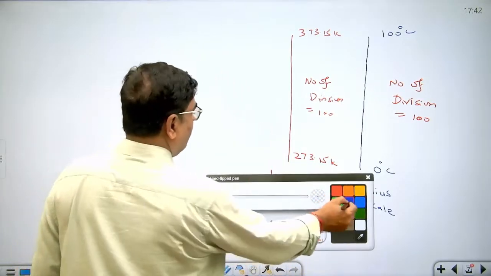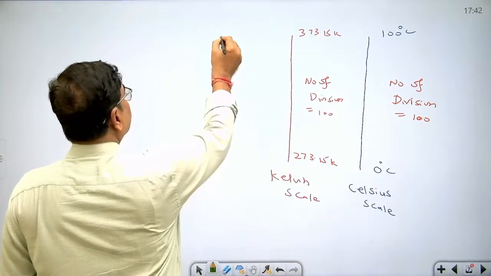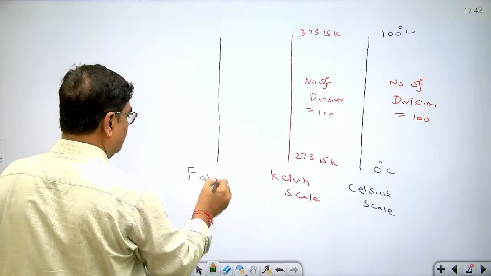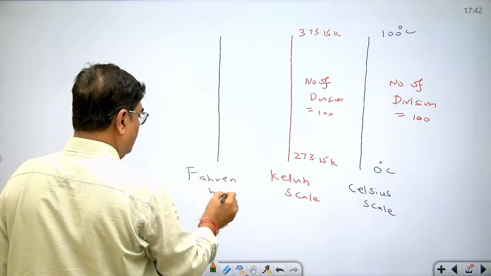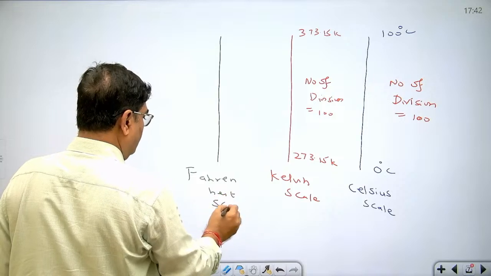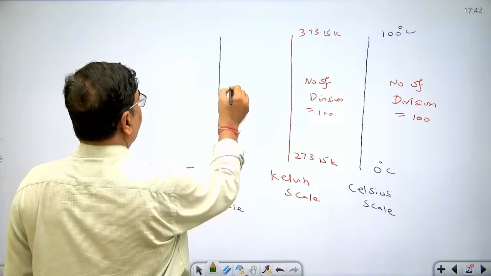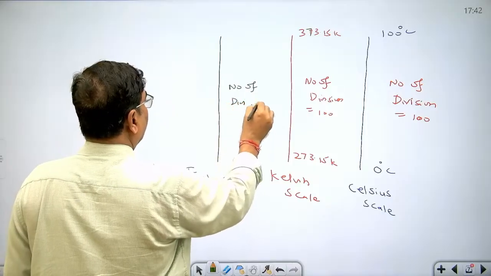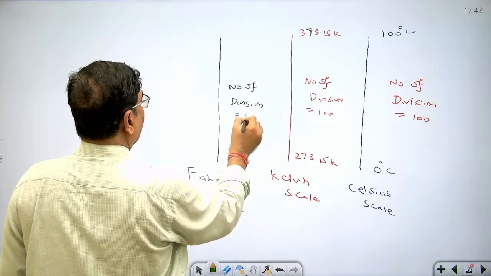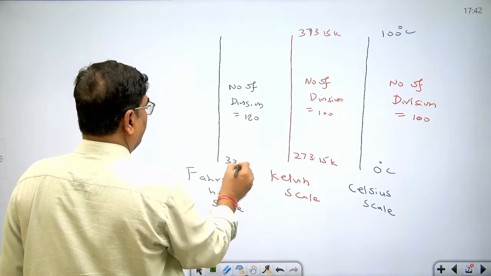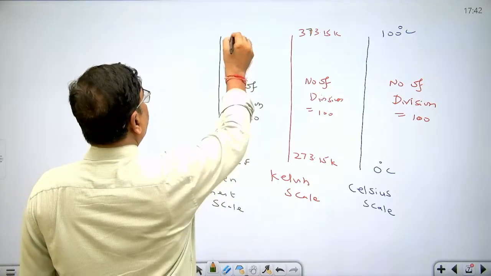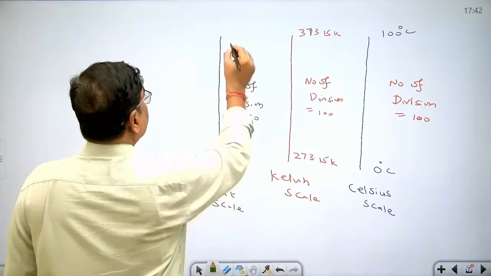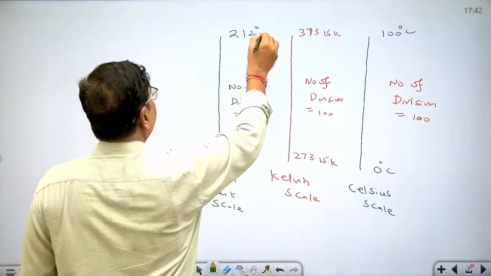Now, dear student, let's see. This is the Fahrenheit scale. Here the number of divisions is 180. The lower point is 32 degree Fahrenheit and the upper point is 212 degree Fahrenheit.